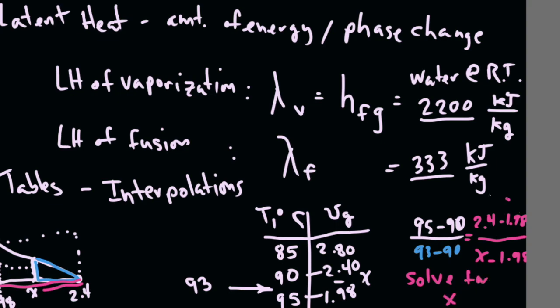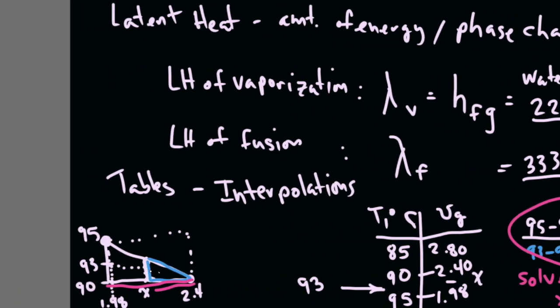So you get an equation with x in it. You just solve for x, and that will give you the specific volume of gas at 93 degrees Celsius.